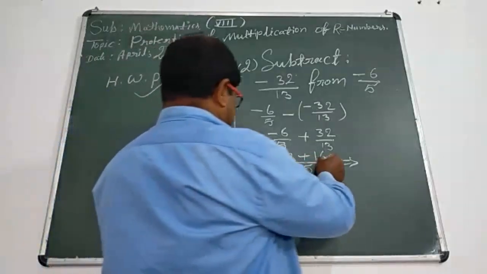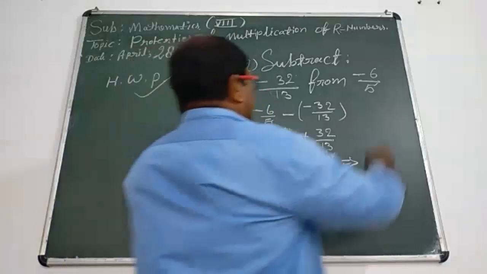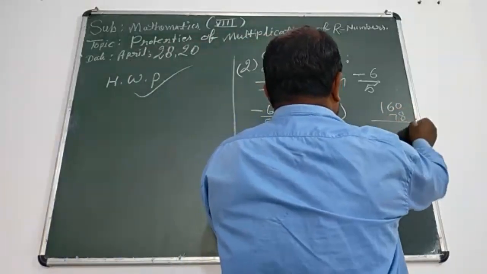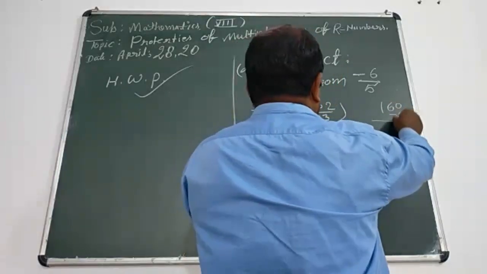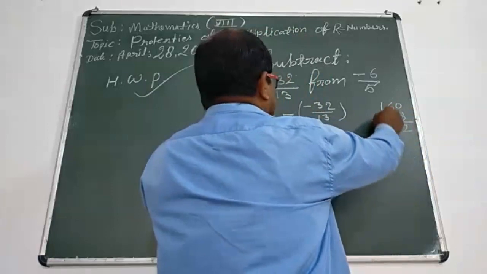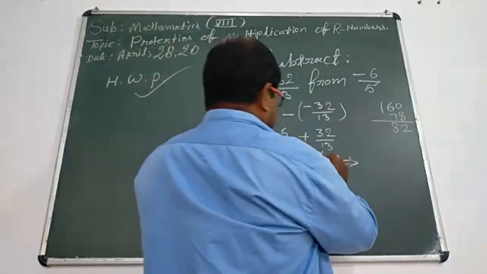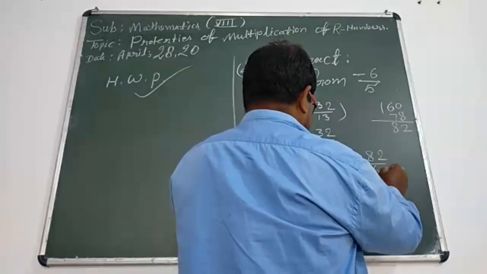So subtract 78 from 160. 10 minus 8 is 2, 15 minus 7 is 8, now 0, so you will get positive 82. You will write here 82 upon 65.